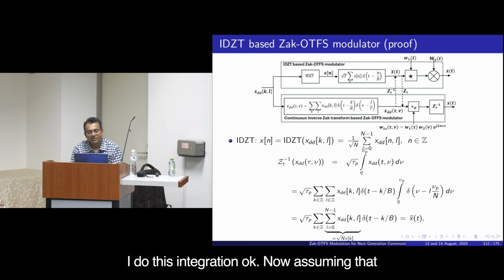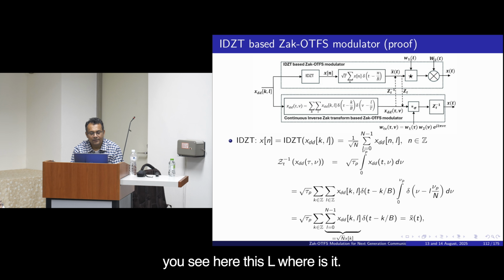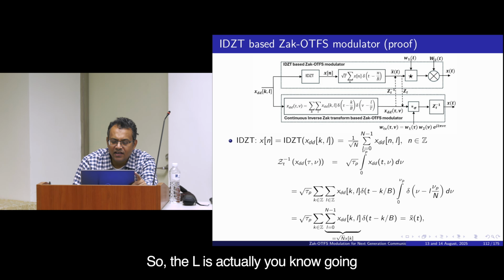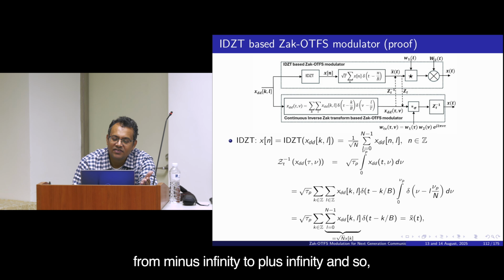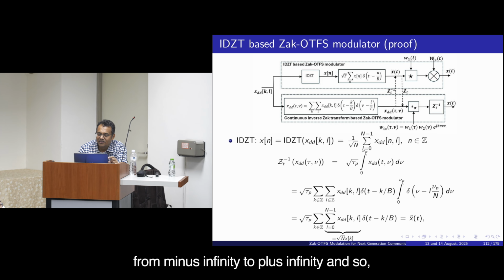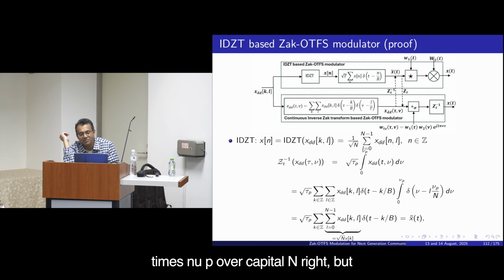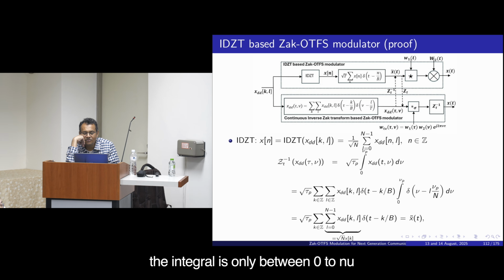Now, of course, if you see here this L, where is it? The L is actually going from minus infinity to plus infinity, and you have this Dirac delta at L times nu p over capital N, right. But the integral is only between 0 to nu p.